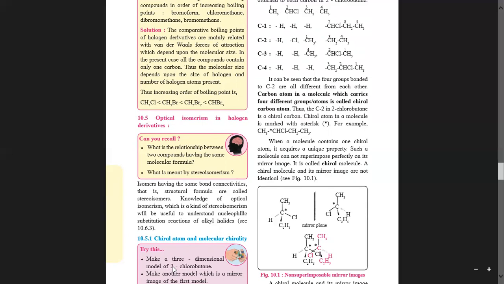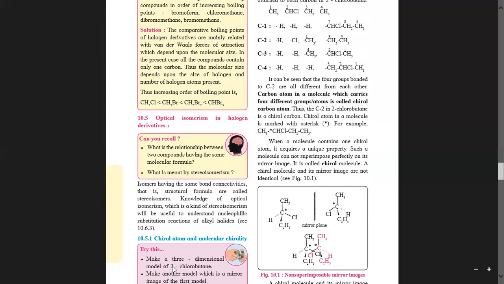A chiral molecule and its mirror image are not identical. See this figure. This is the central carbon, carbon number 2. It is bonded to hydrogen, chlorine, CH3 and C2H5 groups. So this second carbon is a chiral or asymmetric carbon. If a mirror is placed in front of this molecule, then on the right side we can see the mirror image of the 2-chlorobutane molecule.